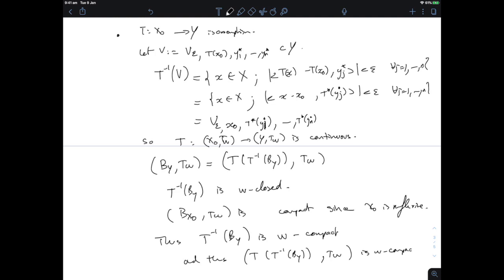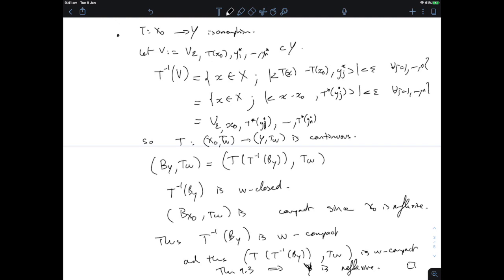And now theorem 9.3 tells me that Y itself will have to be reflexive because its unit ball endowed with the weak topology is compact. Okay, and that concludes the proof of this corollary.